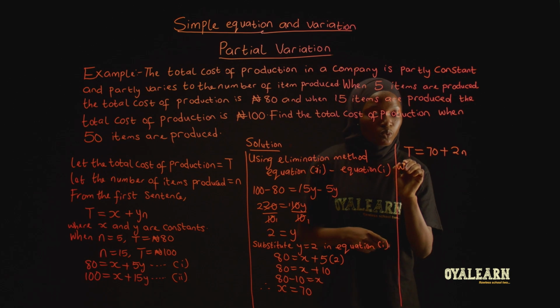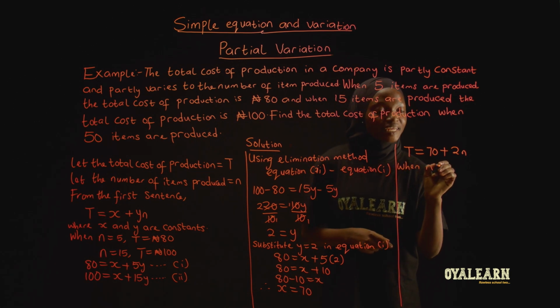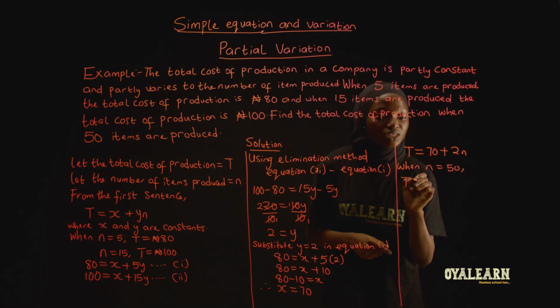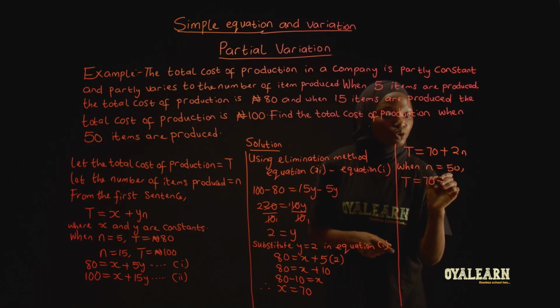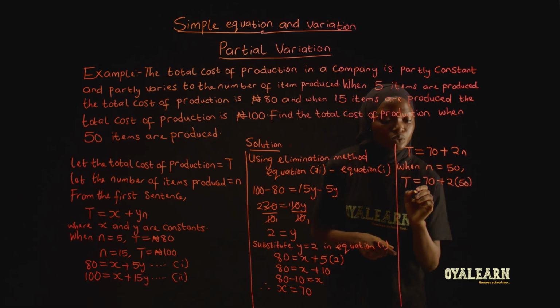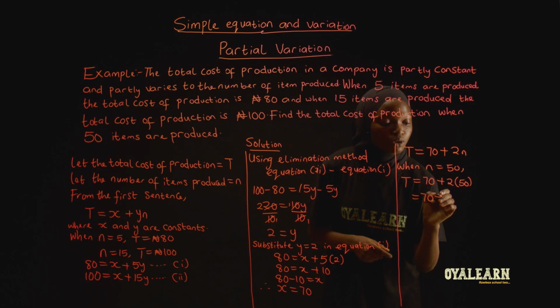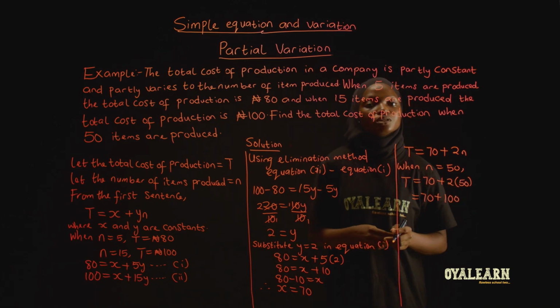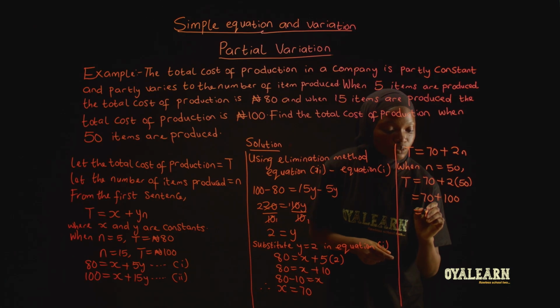That is, when N equals 50, then we'll be having total cost of production T equals 70 plus 2 into 50. That is 2 multiplied by 50. We'll be having 70 plus 2 times 50, 100. And 100 plus 70, we have 170, which is 170 naira.